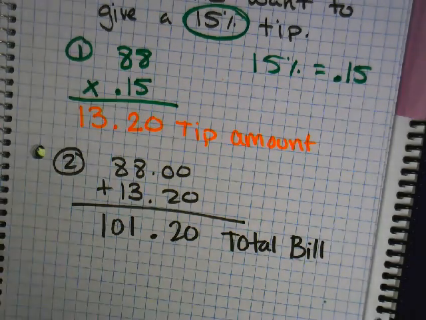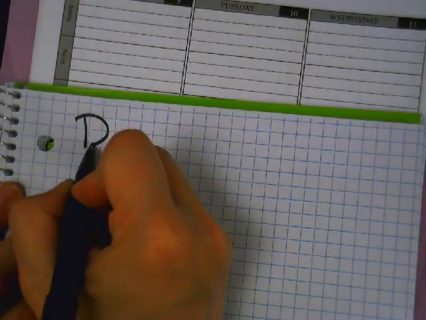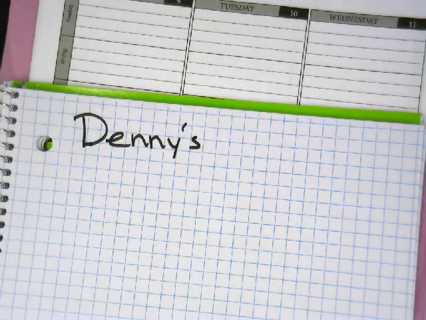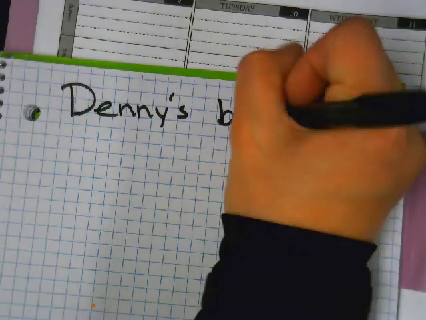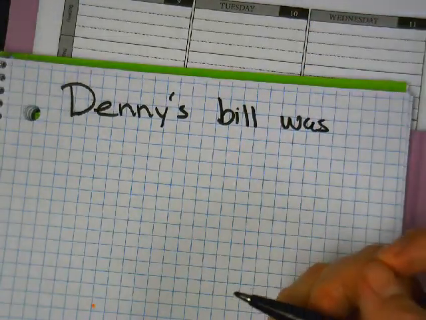Okay, let's say I woke up really hungry, so I wanted to go to Denny's. Get a stack of pancakes. So I went to Denny's, and I ordered a stack of pancakes, bacon, orange juice, and 2 eggs.